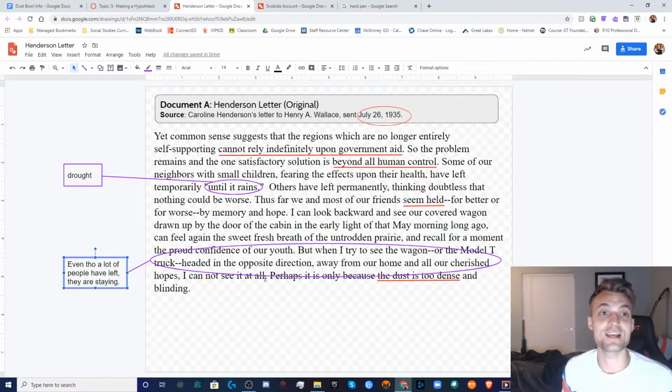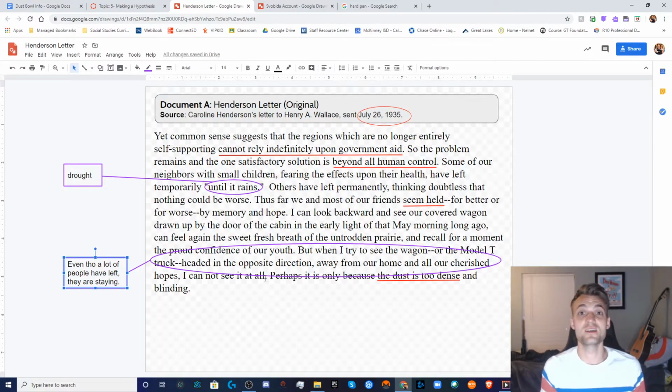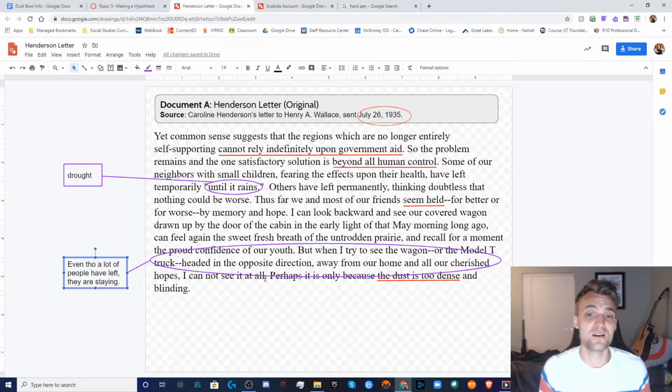Maybe they were excited for all that the future could hold in this new exciting land. And unfortunately, because of both the economic impacts from the Great Depression and the environmental impacts from the Dust Bowl, a lot of people were dealt a double blow. It's like getting a punch to the gut and jaw at the same time.